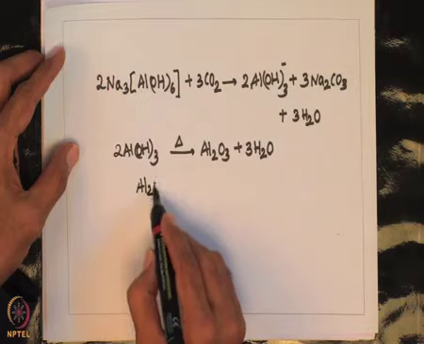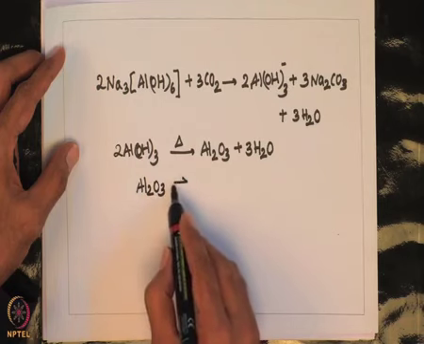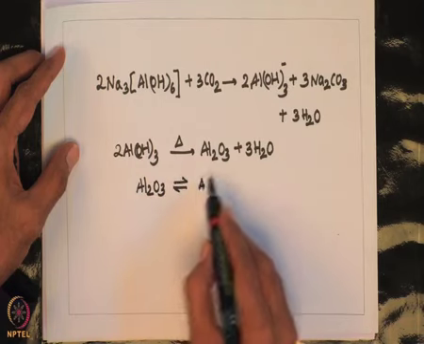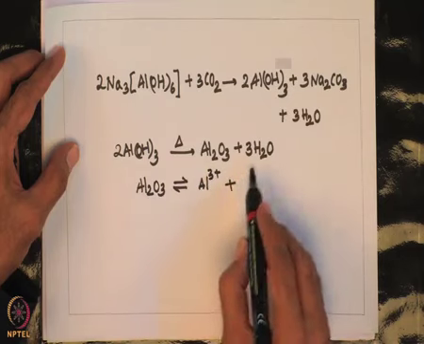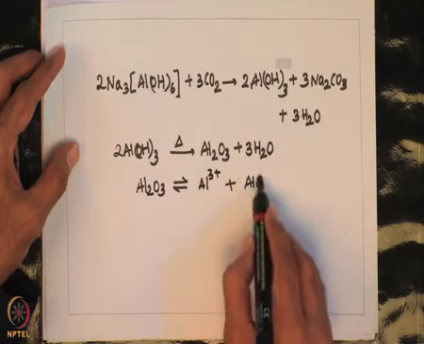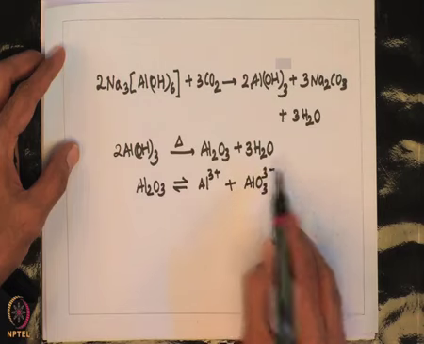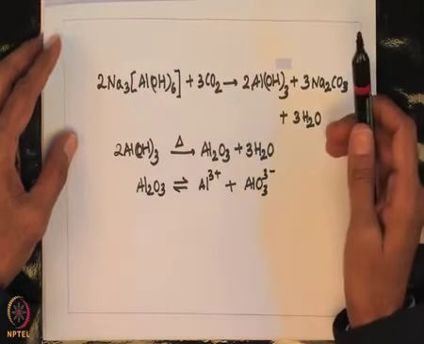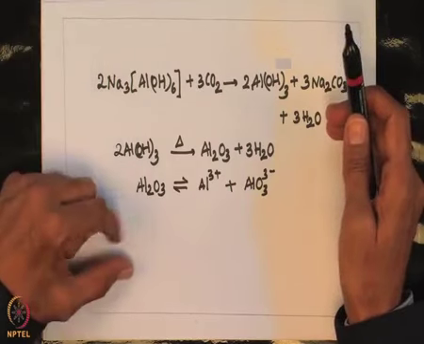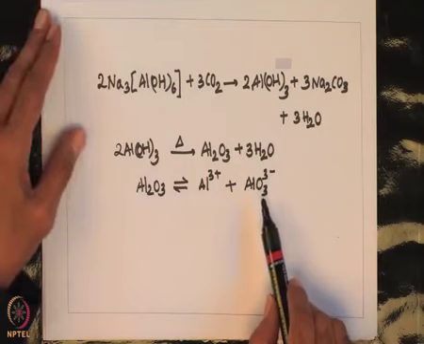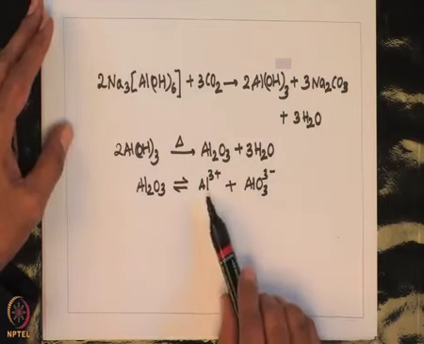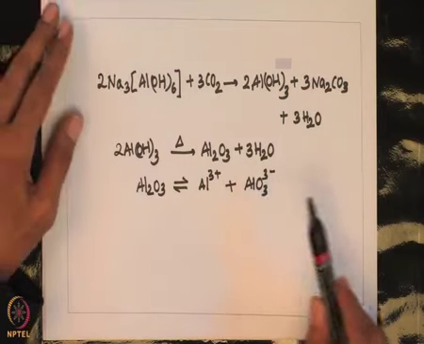In aqueous solution, aluminum oxide dissociates into ions. They are Al3 plus and AlO3 3 minus.